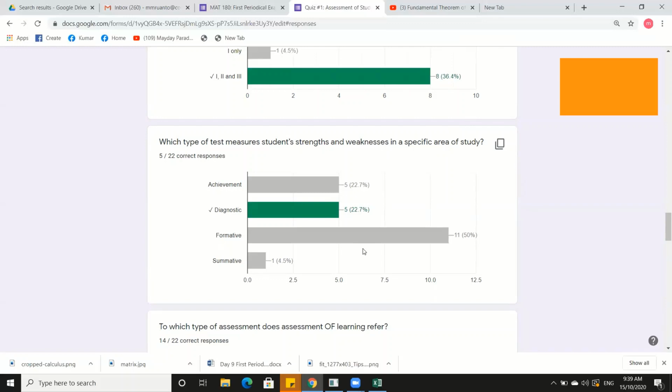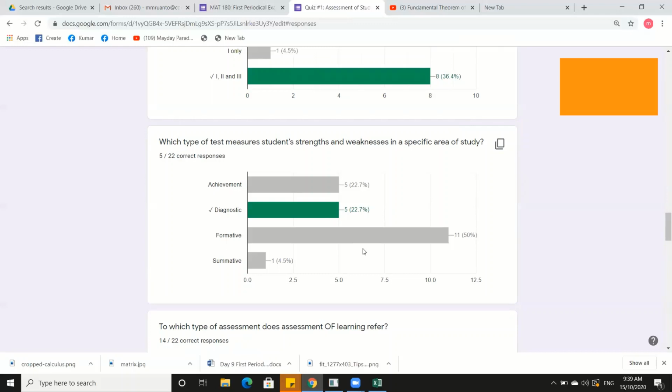Achievement, when we say achievement, that is at the end. That is the test that would measure how far the students have achieved for a certain subject matter or for a specific set of competencies.